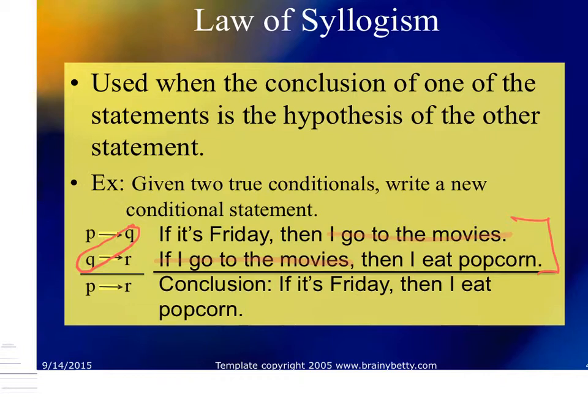The second statement is, if I go to the movies, then I eat popcorn. Notice I go to the movies is the same in both, so they sort of cancel each other out, and you can conclude that if it's Friday, then I eat popcorn, because going to the movies will cancel out. That is your law of syllogism.